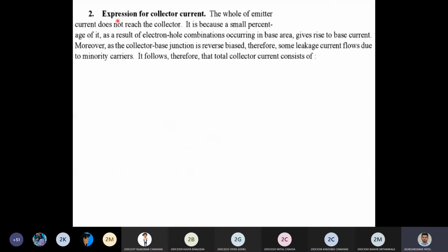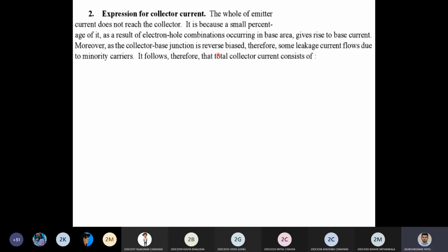Then the second characteristic is the expression for collector current. I am going to derive the equation for the collector current IC. The whole of the emitter current does not reach the collector. That's the first point. It is because a small percentage goes to electron-hole combination occurring in the base area, and that gives rise to base current. Moreover, the collector base junction is reverse biased.